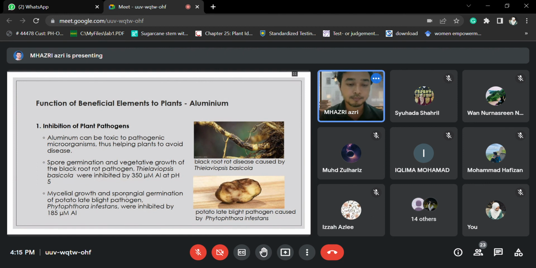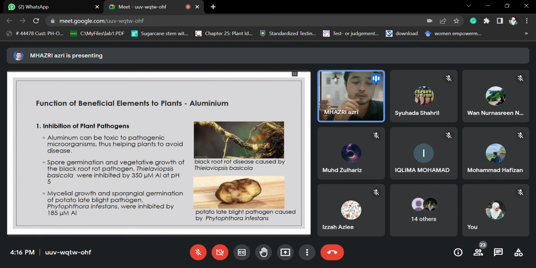So the plant pathogen is Phytophthora. Phytophthora boleh menyebabkan penyakit in a wide range of plants. Banyak pokok boleh diserang oleh Phytophthora ni. Dekat pokok durian, dekat pokok rambutan.